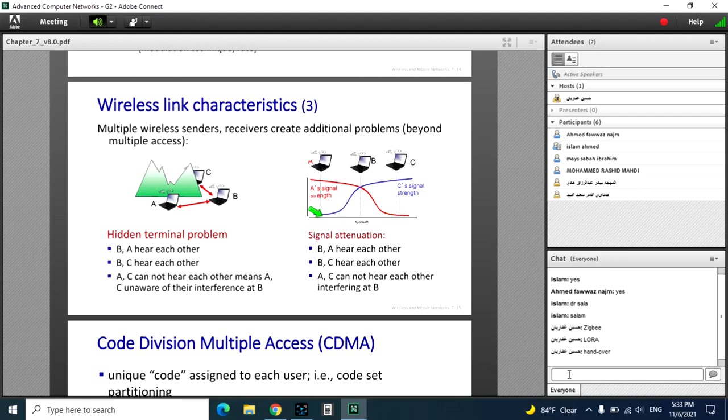But as I said in the past, a receiver can only receive signals that have a minimum level of energy, a minimum level of strength. If the strength of the received signal is lower than a predefined threshold, the receiver cannot receive them, cannot hear them.